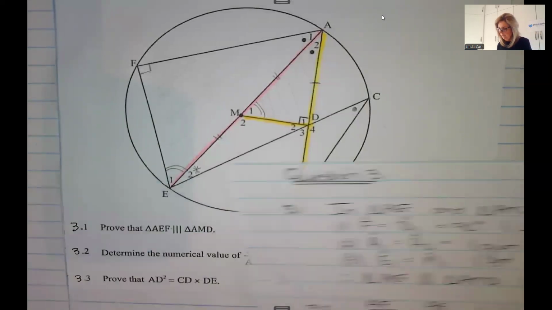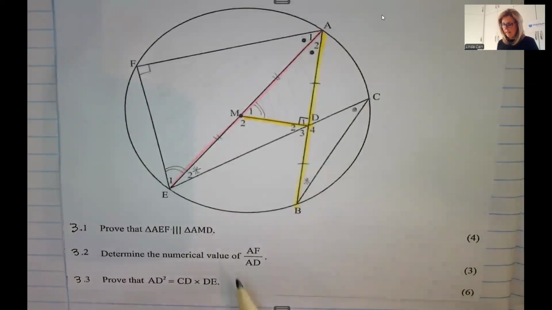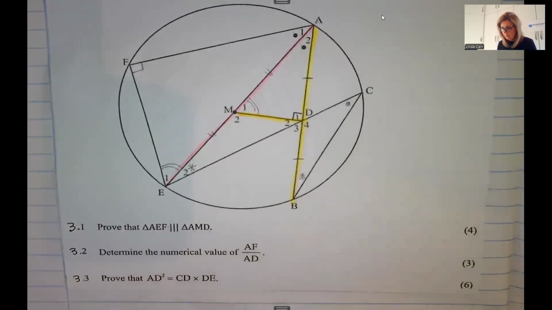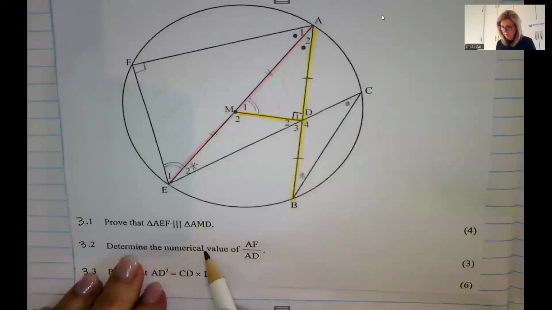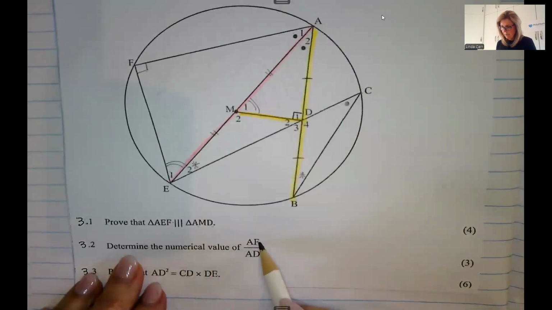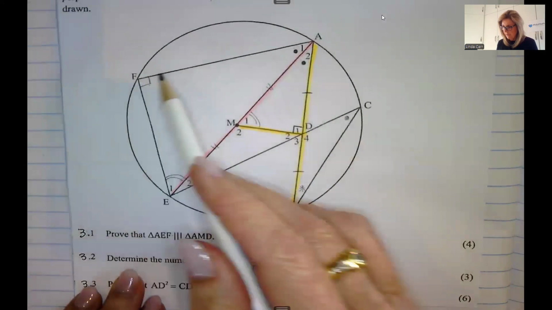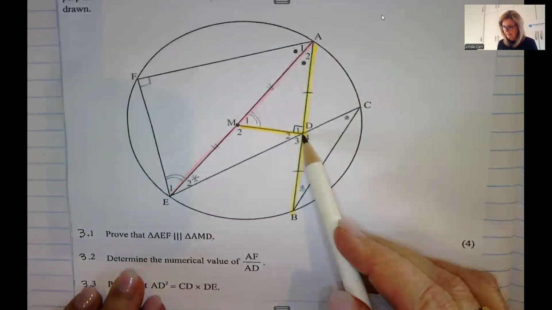Right. And remember, I said to you, get into the habit of filling in your third angles of triangles, because those two angles might lead you into something else in another question. All right, now for 3 marks, we must determine the numerical value of AF to AD. Okay, so AF to AD.